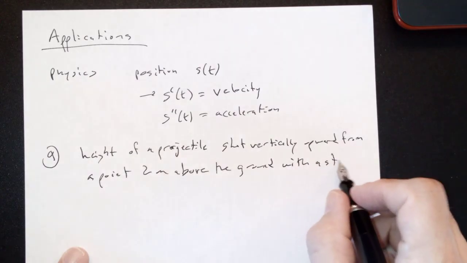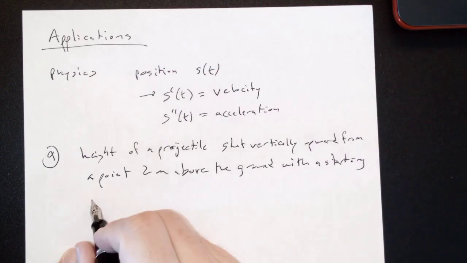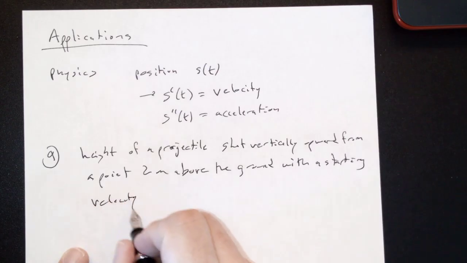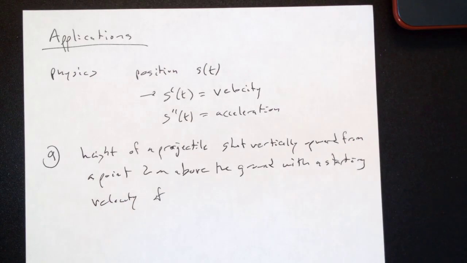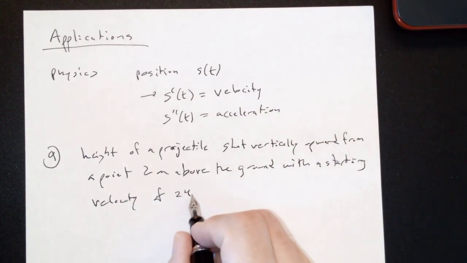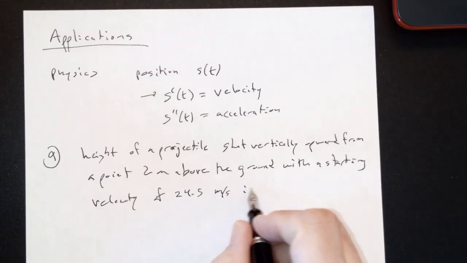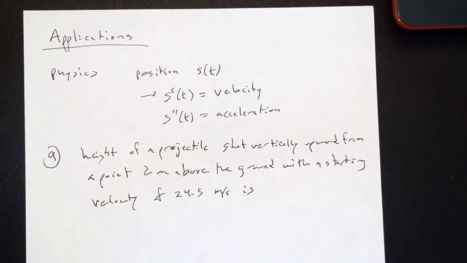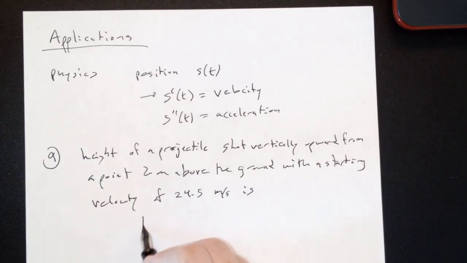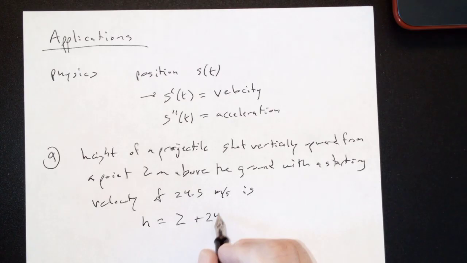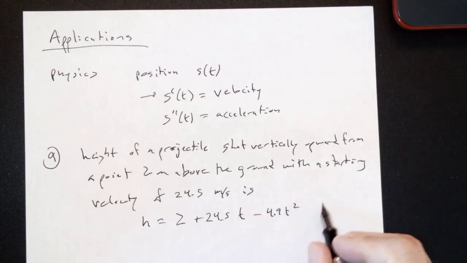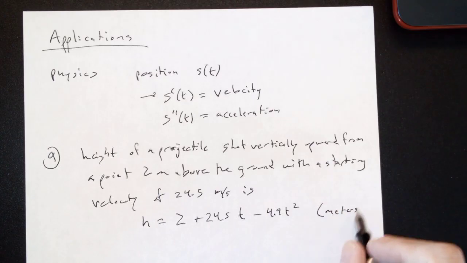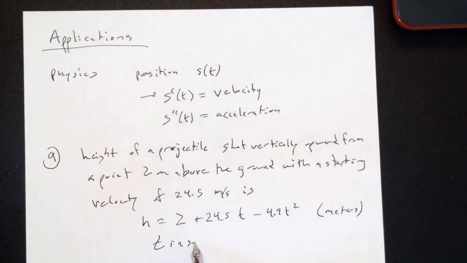With a starting velocity of 24.5 meters per second is h equals 2 plus 24.5t minus 4.9t squared meters, t in seconds.